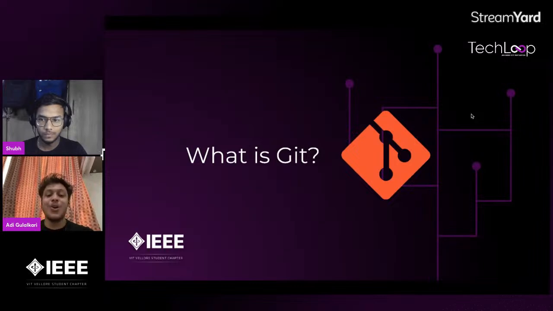So let's just talk about what is Git, right? Diving into that, I'll give you an example. Imagine that you are building an entire town from scratch. At the start of the project, we have a blueprint of that town that outlines where all the buildings will go, where the streets will go, and so on. As we begin the building, different teams of workers are responsible for different parts of the project.